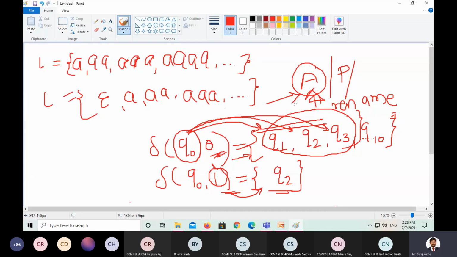It may be 1, it may be more than 1, but in an NFA there will be at least one state and one input which will have more than one next state. Then only it will be an NFA.